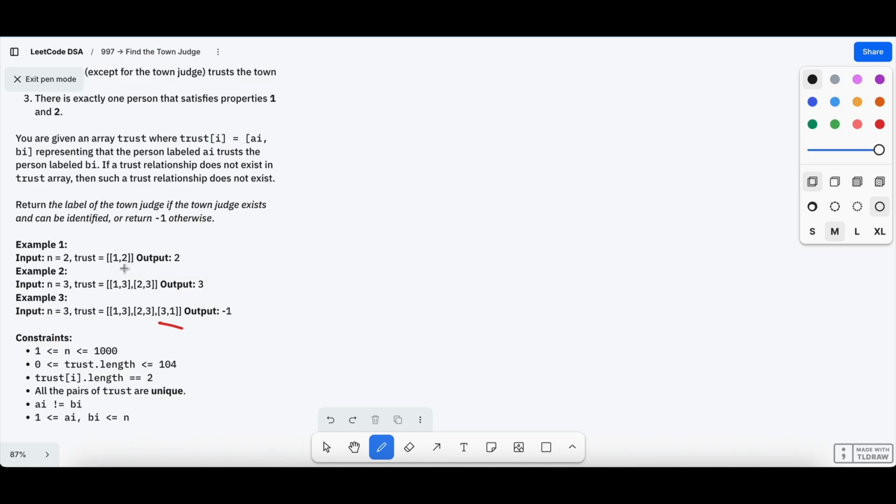So for example, this is an edge of the graph, the trust. 1 2 means 1 trusts 2, so the output is 2, the judge is 2.